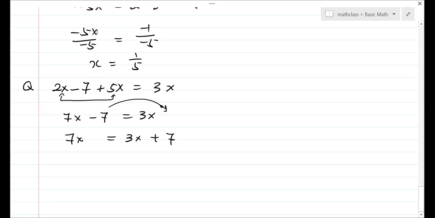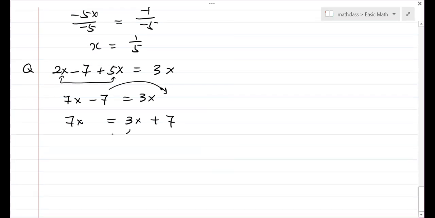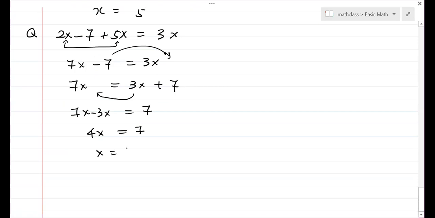Change the sign. Then 3x is moved to the left-hand side, so 7x minus 3x equals 7. So 7 minus 3, 4x. Then x is going to be 7 over 4. 7 over 4 is the right answer.